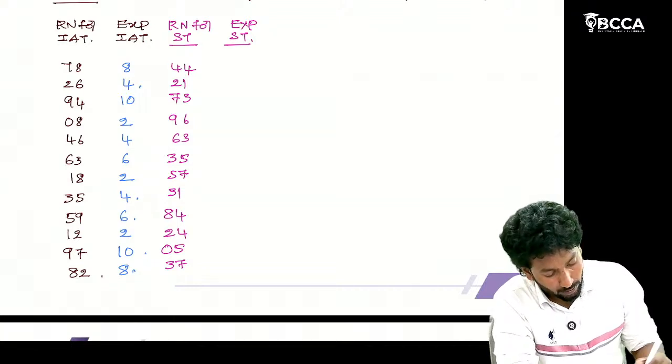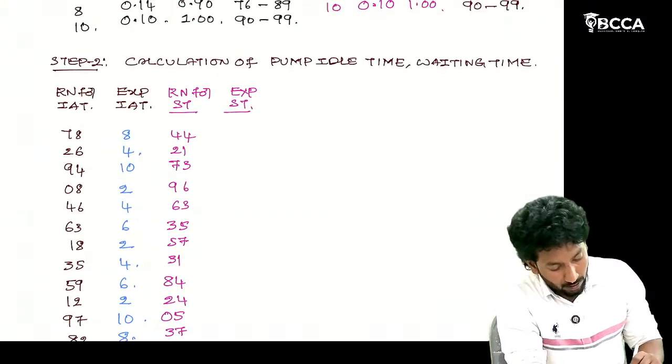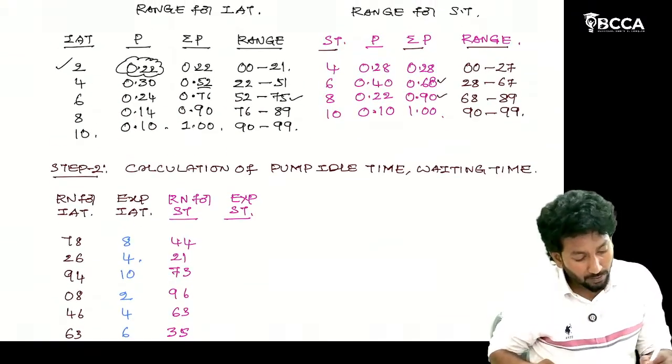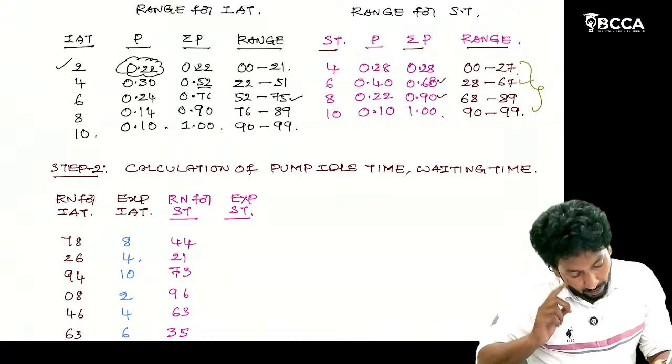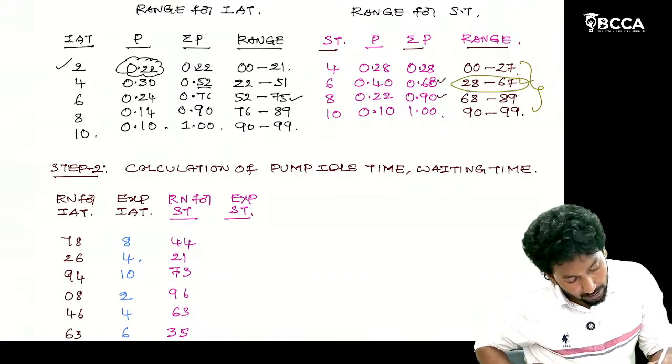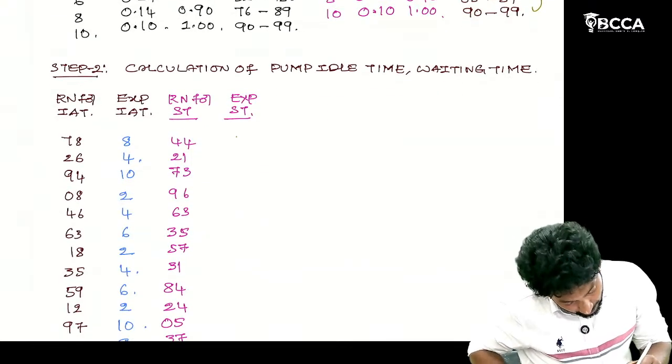Next one, expected service times. What is our first random number? 44. Search this 44 in this range. This 44 falls under the second class interval, that means the decision variable at this value is 6. Service time is 6.